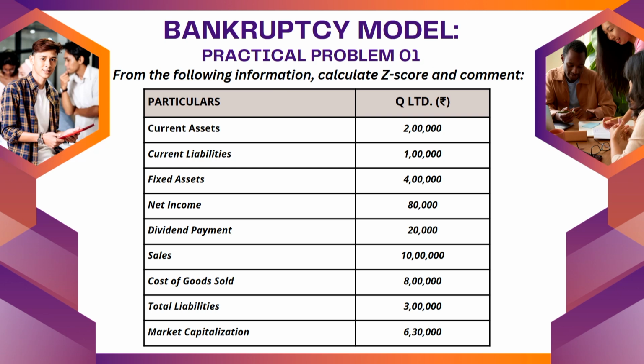As you know, Altman Z score is used to predict the likelihood of any company going for bankruptcy or not.